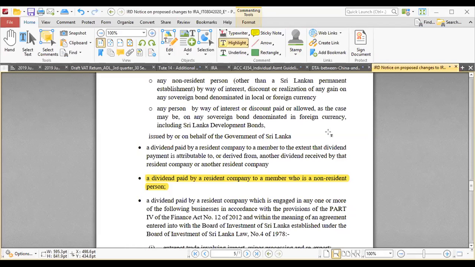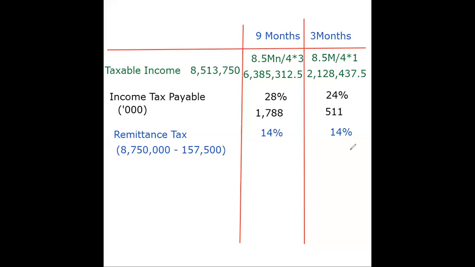This is the 3-month period dividend, right? I will modify the question accordingly. Anyway, the 3-month period dividend is exempt, right?